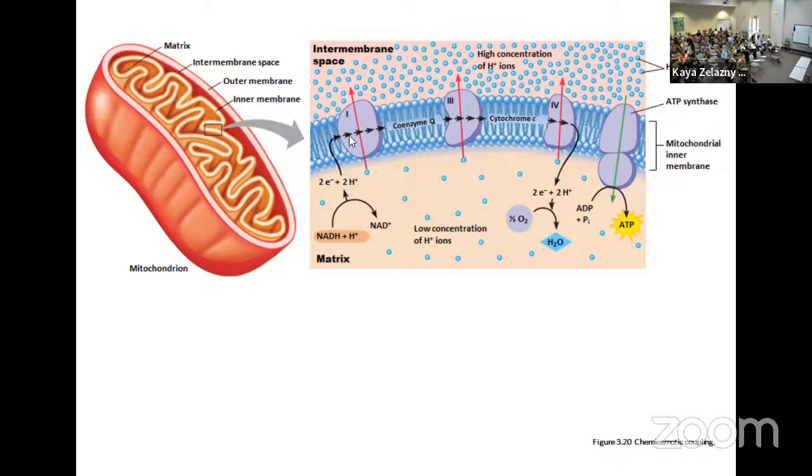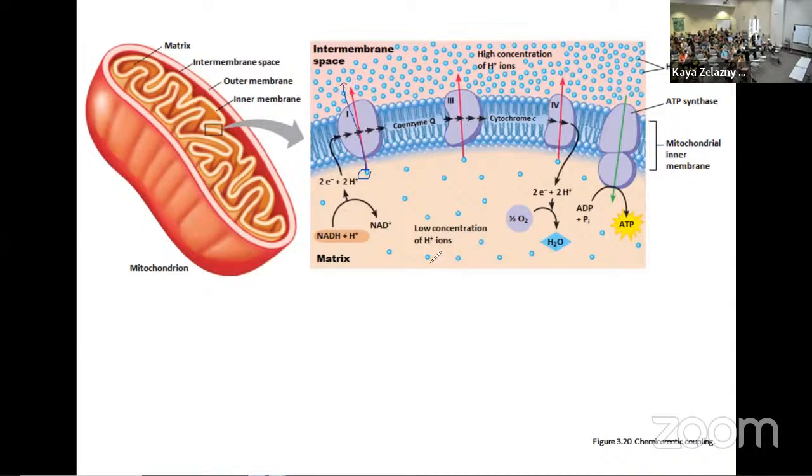What we're looking at are those molecules in that inner membrane that are passing the electrons. So we can see here coming up to our first molecule, we have NADH and some hydrogen ions. We're peeling off electrons and hydrogen ions, and we are forcing hydrogen ions through into that intermembrane space.